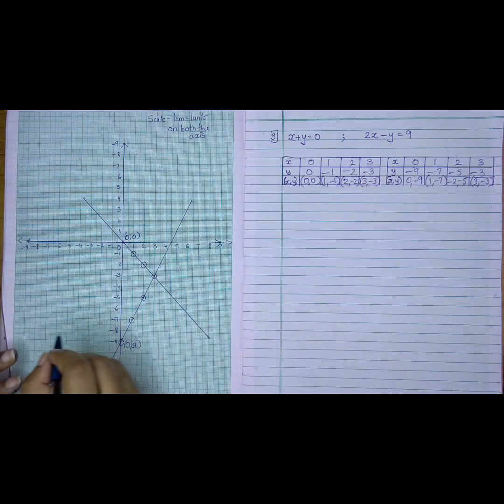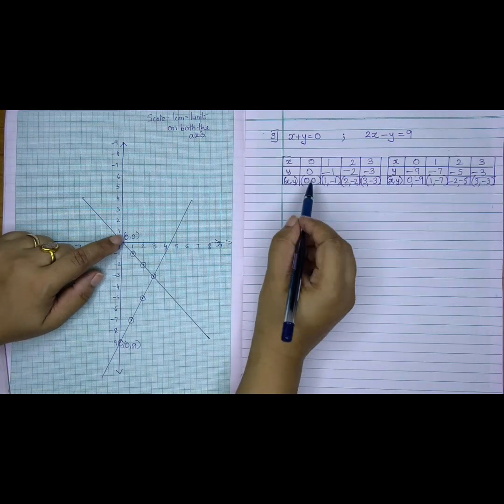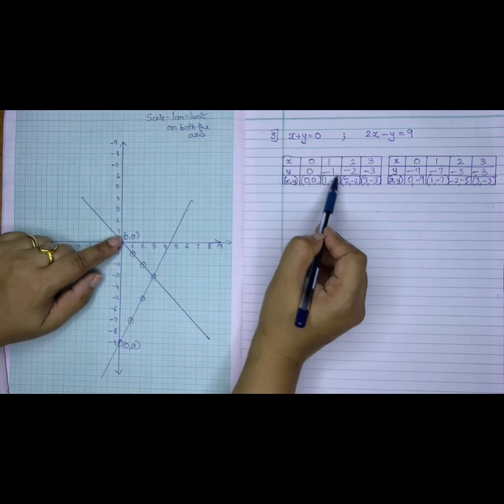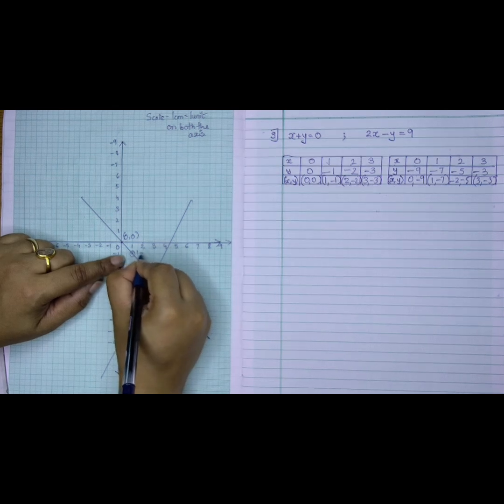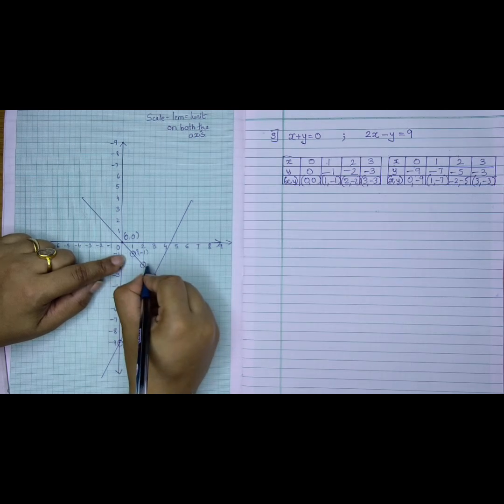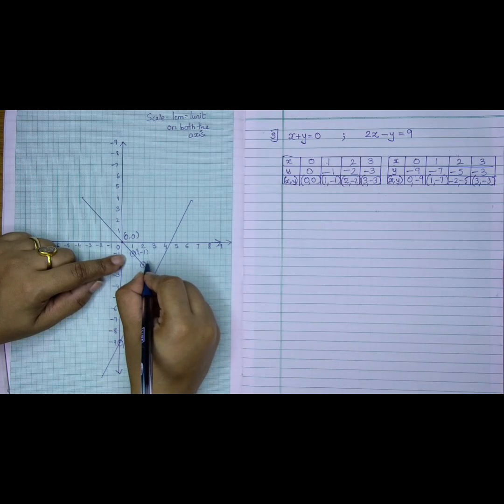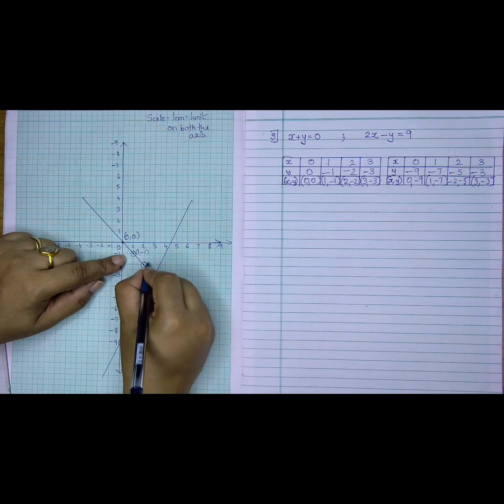Now you can write this. The first one we have already written: 0, 0, 1 and minus 1, and 2 and minus 2.